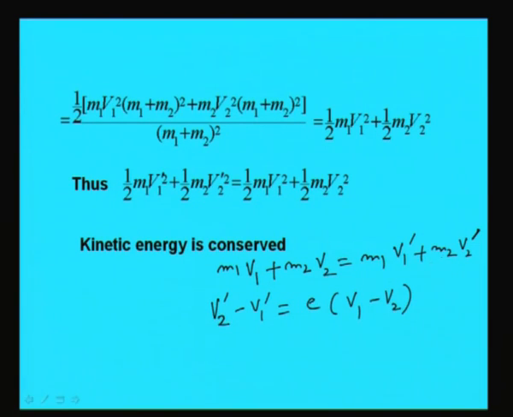So you have two equations and two unknowns, v1 prime and v2 prime, which can be easily solved. You need not write anything about the kinetic energy in this case. That way you can solve the problems of direct central impact.